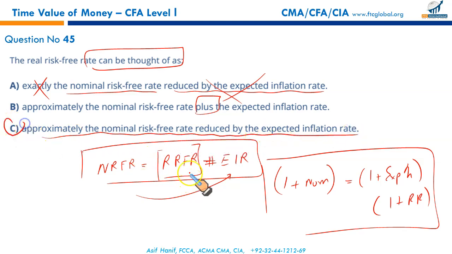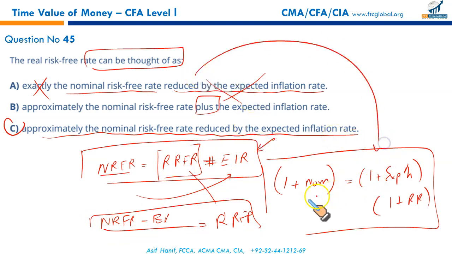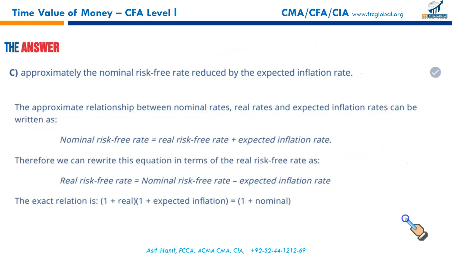That's correct. Real risk-free rate is equal to nominal risk-free rate minus expected inflation. Since he didn't ask for the exact one, we use this arrangement. So that gives you C to be the correct option. And as you can see, C is given in the explanations.